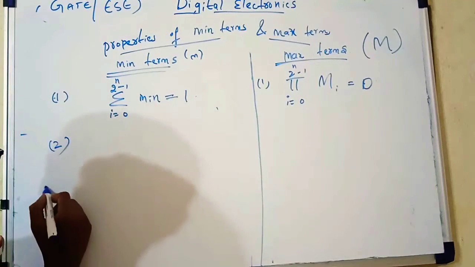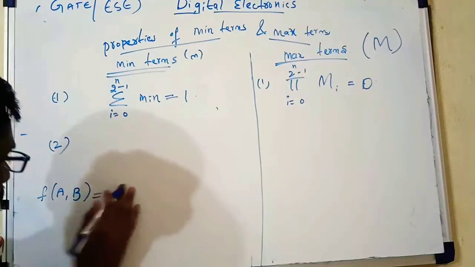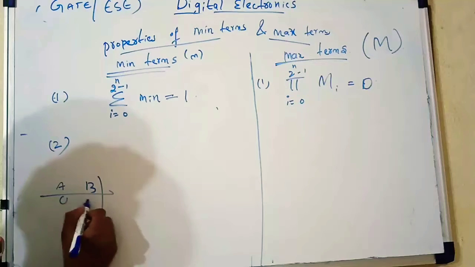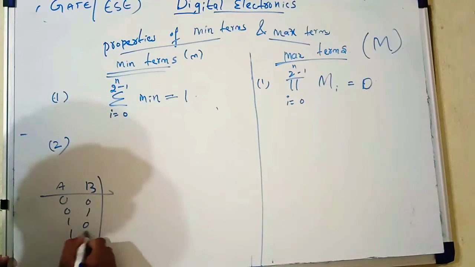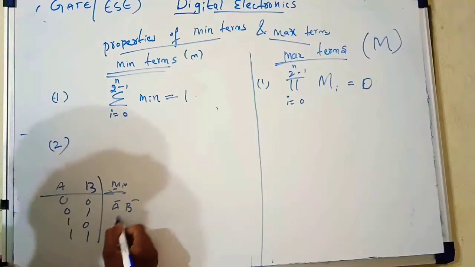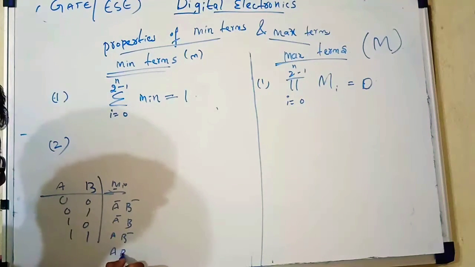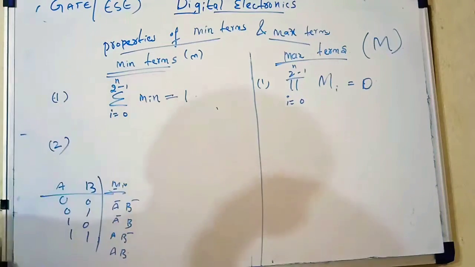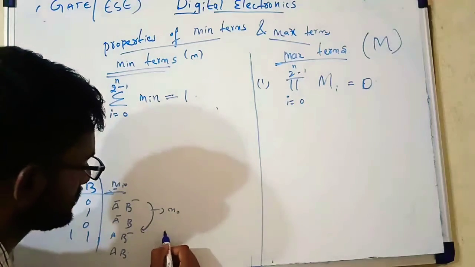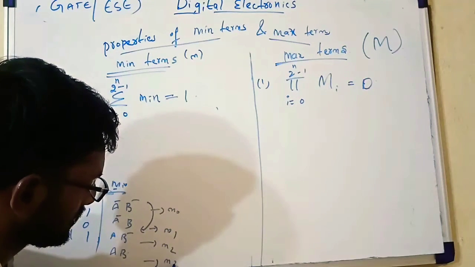Before going to that, let us take an example of a 2 bit. Here A, B, 0 0, 0 1, 1 0, 1 1. Here the min terms are A bar B bar, A bar B, A B bar, A B. So let us suppose that this is m0, this is m1, this is m2, this is m3.